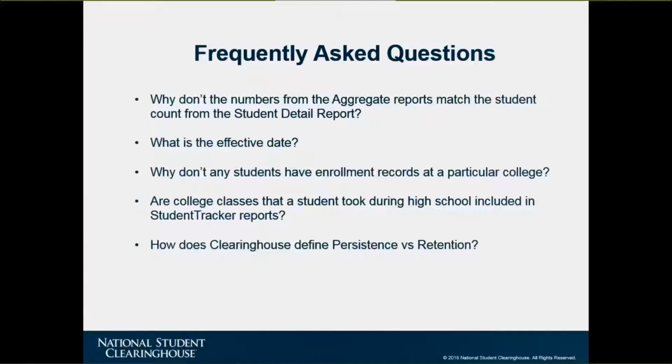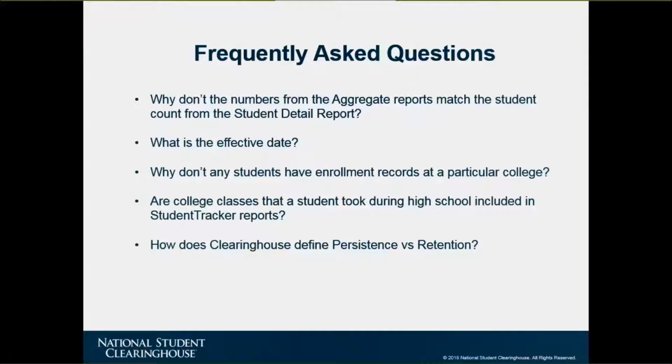The next question is, what is the effective date? I think this is probably the second most frequent question. The Clearinghouse has a research center. The effective date is set by our research center, and they set it 3 times per year. We set one in the fall, in the spring, and in the summer. This date is noted in the report file name that we send back to you, and it's also within the Student Tracker application.